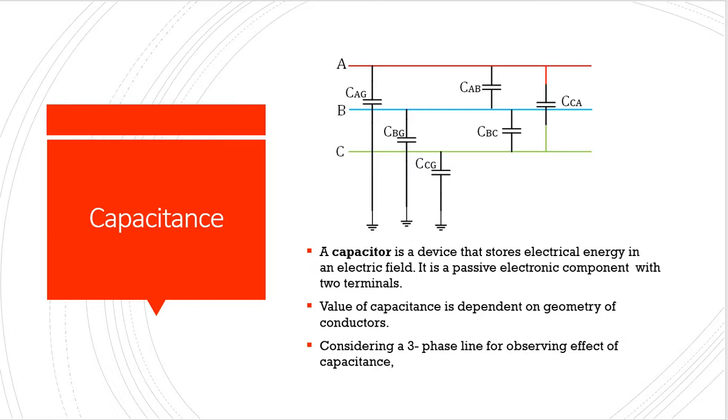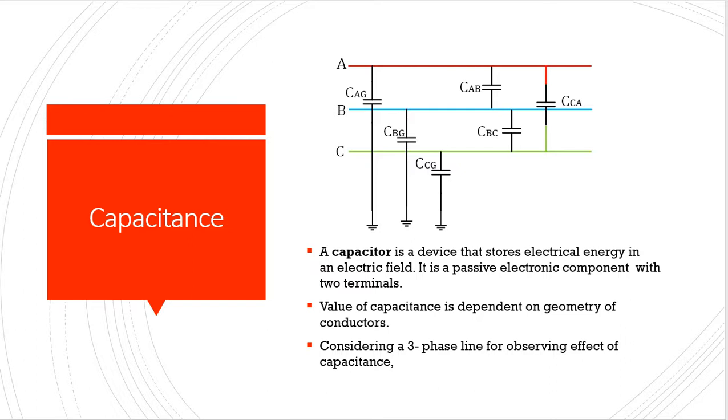Therefore, now moving on to this point which I have left, we have three lines which are A, B and C. Therefore, here we have CAG, CBG and CCG, right? These three transmission lines are grounded with the help of capacitors, right?